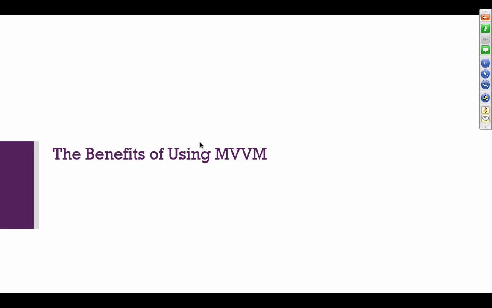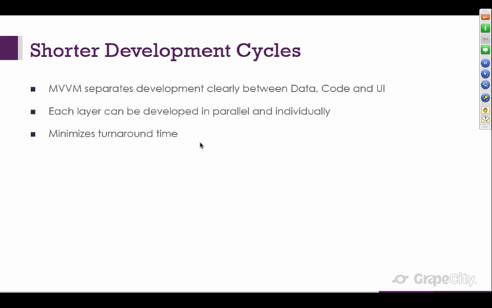All right, so now let's talk about some of the benefits of using MVVM. And we kind of saw some of these when we demonstrated swapping out the views. Shorter development cycles. So MVVM separates development very clearly between data, code, and UI, so that each of those layers can be developed in parallel and individually without affecting the other.